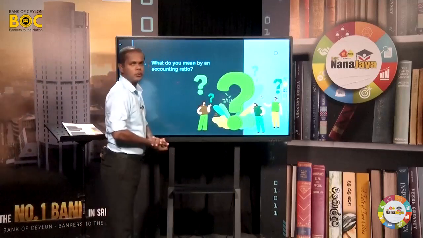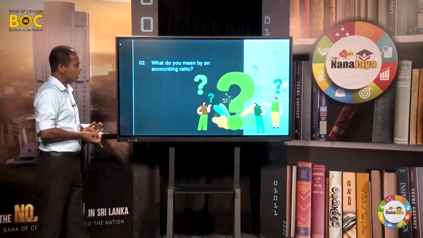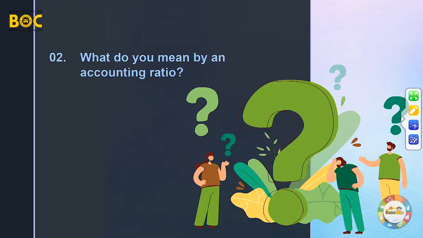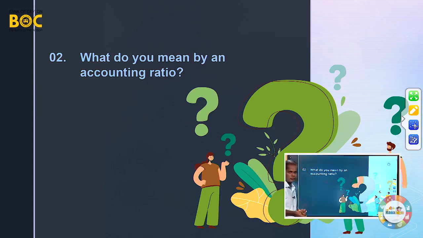So question number 2, what do you mean by an accounting ratio? The mathematical relationship between two or more variables we call a ratio.